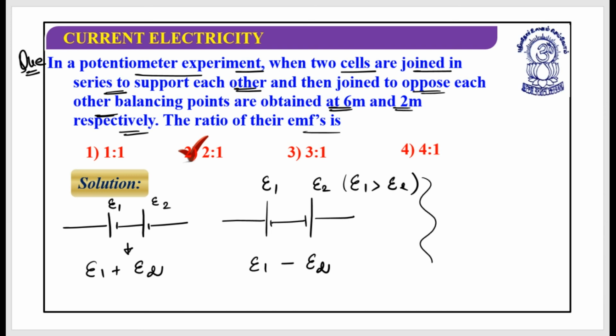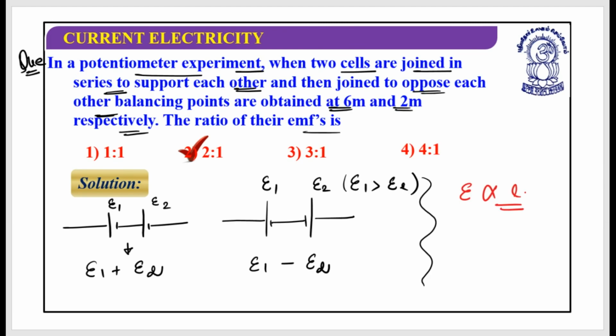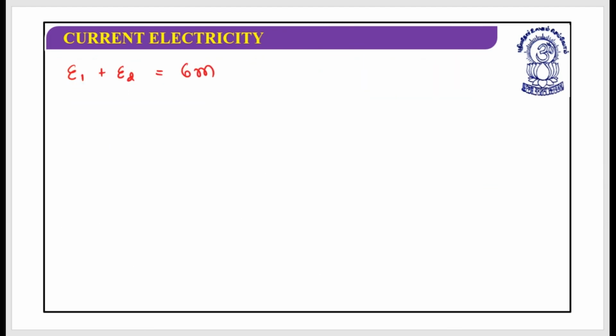Now from the potentiometer we know that E is directly proportional to L. This is the principle of potentiometer. So if I write this, E1 plus E2 equals, let's say, 6 meter, and E1 minus E2 equals 2 meter. Let's take a ratio of this.